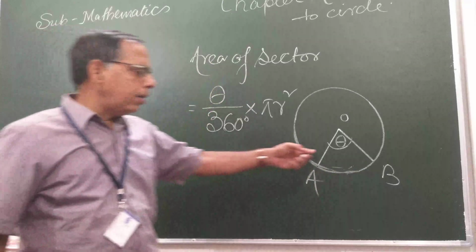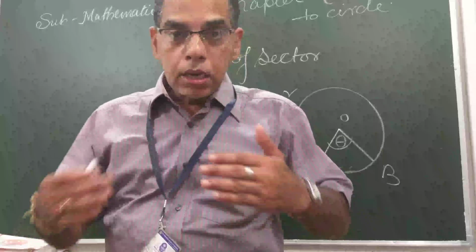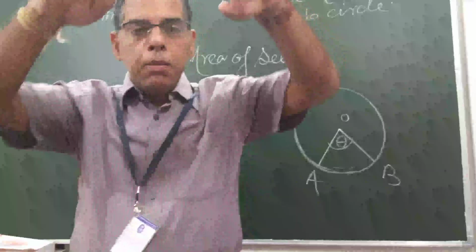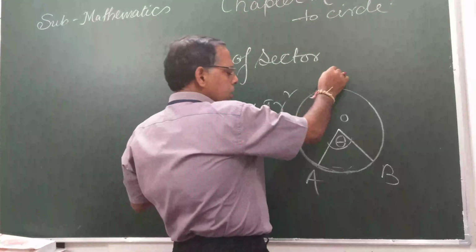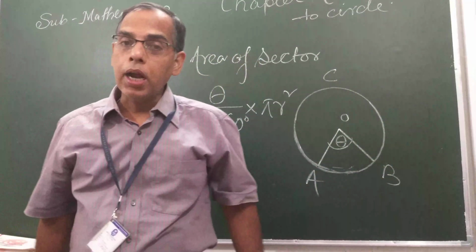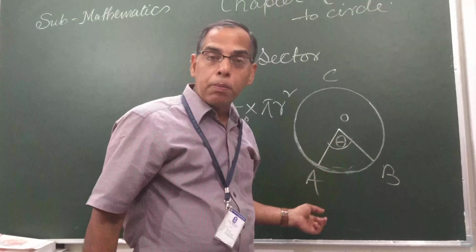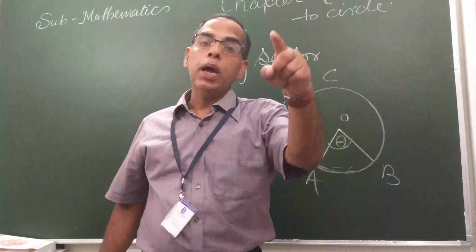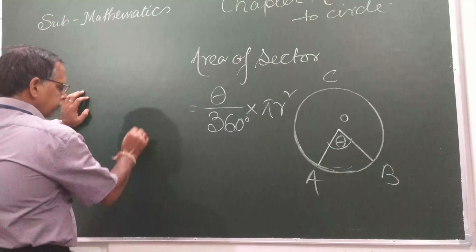Is this the minor sector or the major sector? Major sector means greater part of the arc. ACB is the greater arc, AB is the smaller. So the sector formed by ACB will be the major sector. So let's see the area of the major sector.